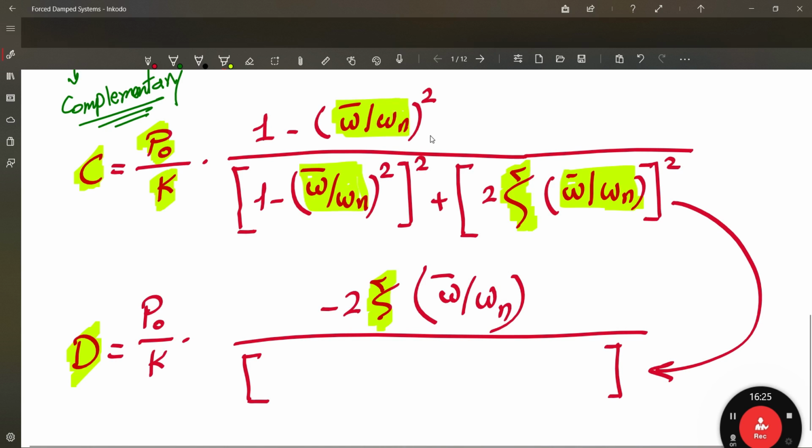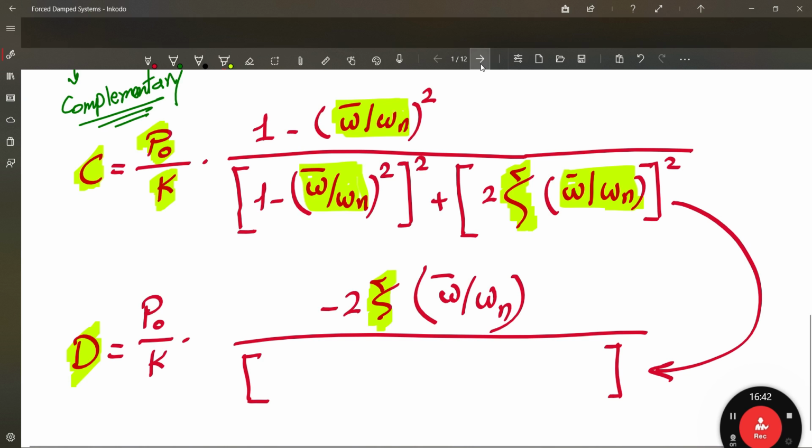Before we draw, we want to add the meaning of A and B. As we said, we're going to write them in terms of initial conditions, and omega d. What is omega d?